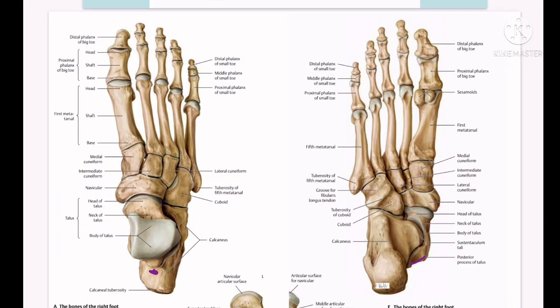Okay, now we will talk about the cuneiform bones. The cuneiform bones are present between the navicular behind and the metatarsals in front. There are 3 of them.